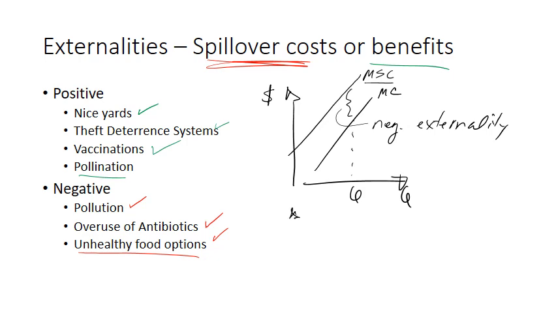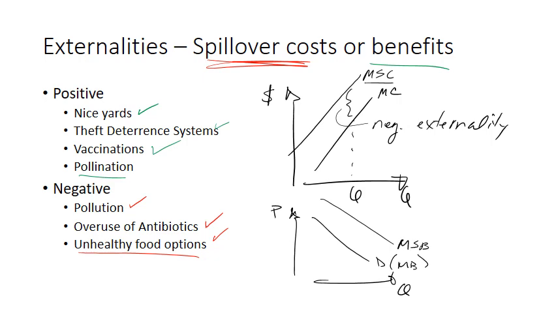Similarly, when we talk about positive externalities, we're going to have to adjust our marginal benefit curve, or our demand curve, because it is only capturing private gains. But when you go out and you buy that vaccination, you actually are going to generate benefits beyond just your marginal benefit, right? That's all that the last buyer captured, but they also generated this additional benefit.